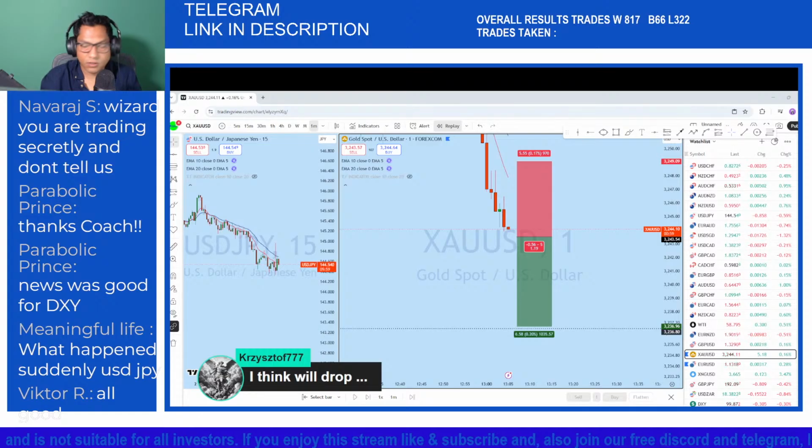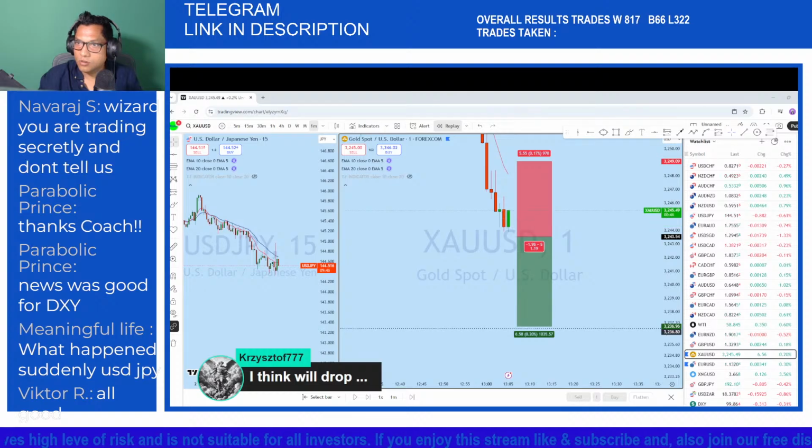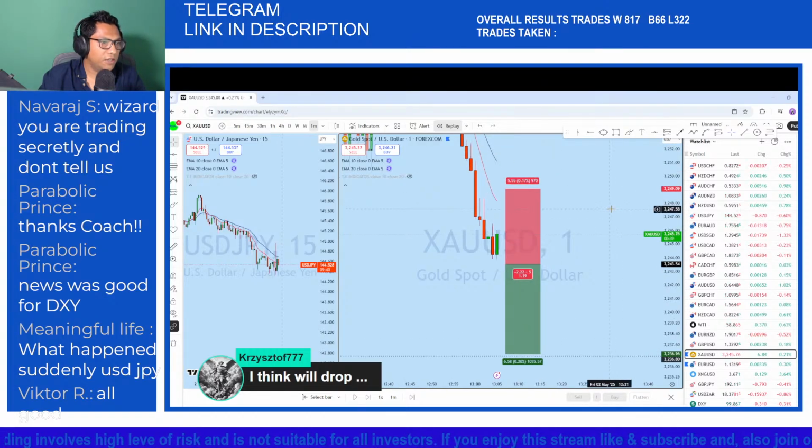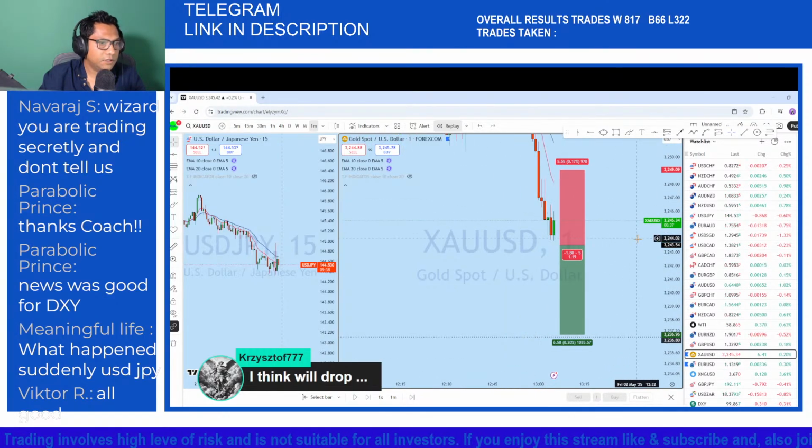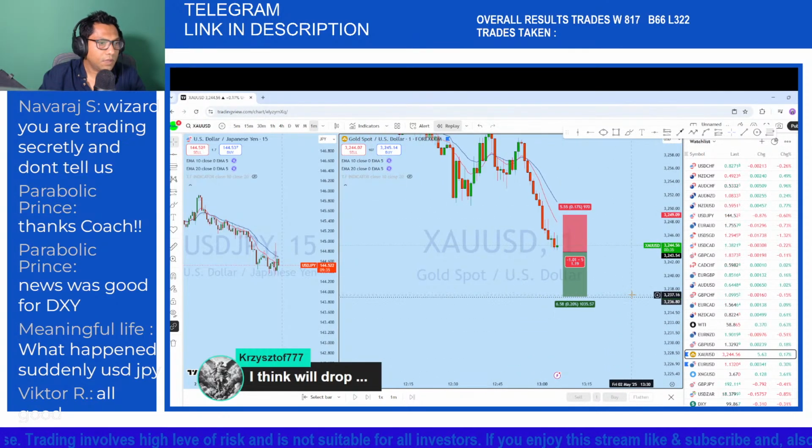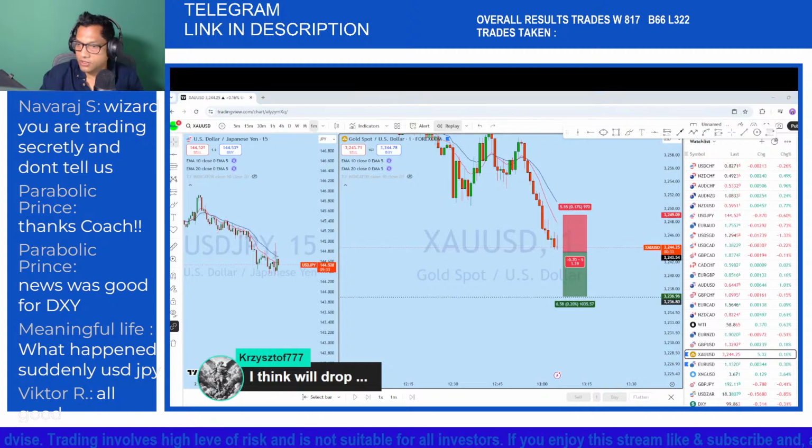Stop loss at 3249.09 and TP target at 3236.96. So place the sell stop. If the market returns back down here, we will be on the trade. And so place the sell stop here on XAUUSD.